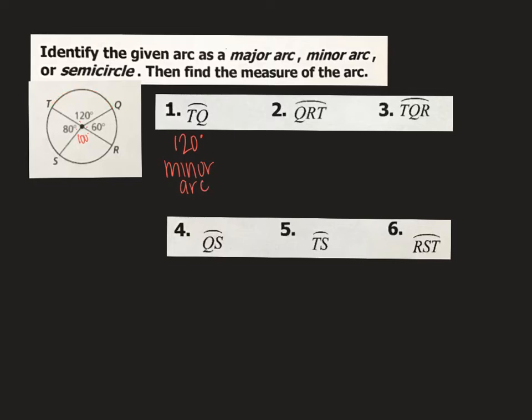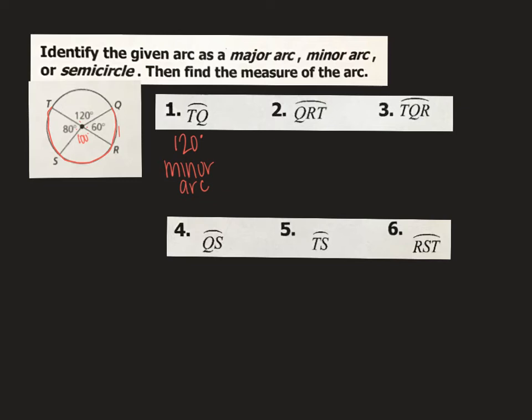So when we look at our next arc, QRT, we're starting at Q, going around through R and stopping at T. So it's all of this here. Now you've got two options. It's everything except the 120.